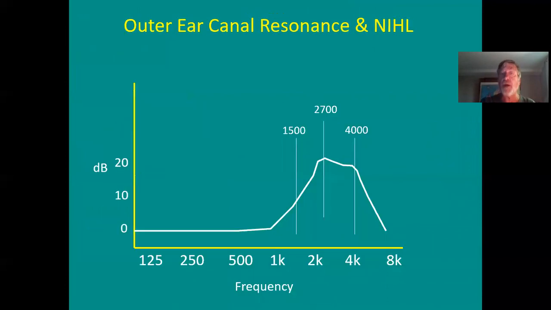So if you have a broadband loud sound, lows, mids, and highs like factory noise, chainsaws, God knows what, if that's being pushed into the ear, the outer ear canal naturally resonates with these frequencies, which is going to create an artificial lift in loudness at these frequencies.